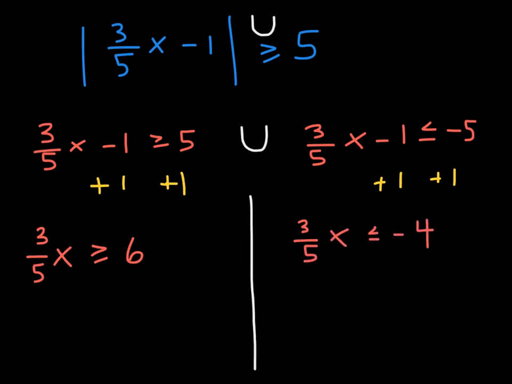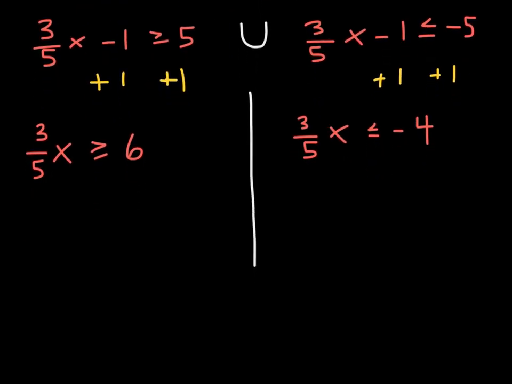What I'll do next on the left and right side is multiply both sides by the reciprocal of 3/5. The reciprocal of 3/5 is 5/3. So I'm going to multiply this side by 5/3.